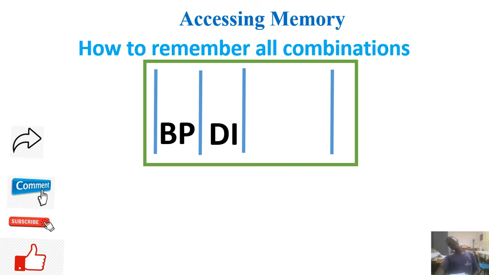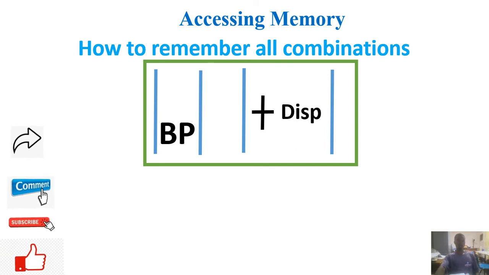Or you may choose to use BP and SI or BP and DI. Or you may say I want only BP and displacement, or BP, SI and displacement, or BP, DI and displacement.